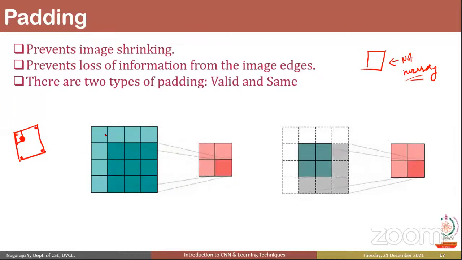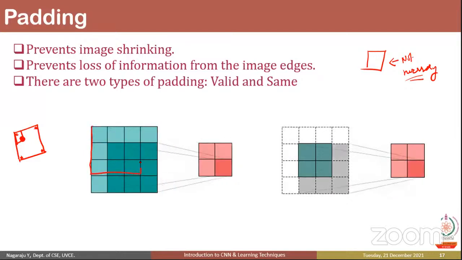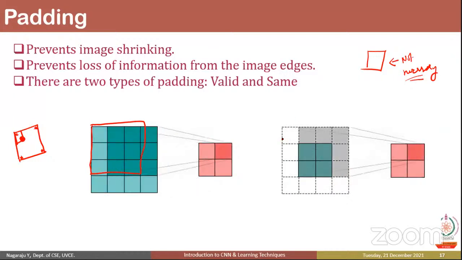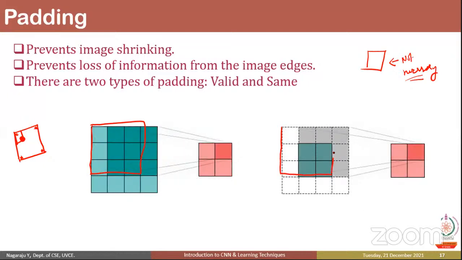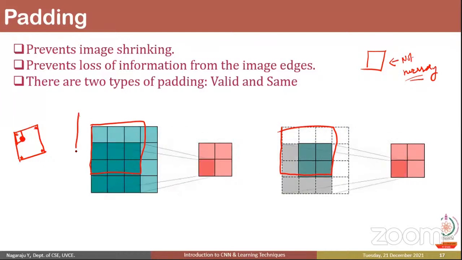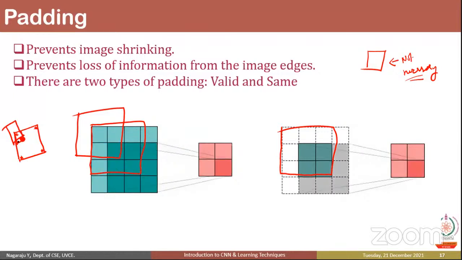When we apply the filter, you can see it is applied on this particular receptive field first, then it moves, then it moves, then it moves, and we get the values. But if we pad the image with zeros, then you can see it is going to be applied like this. That means in this region we are going to apply the filter too.